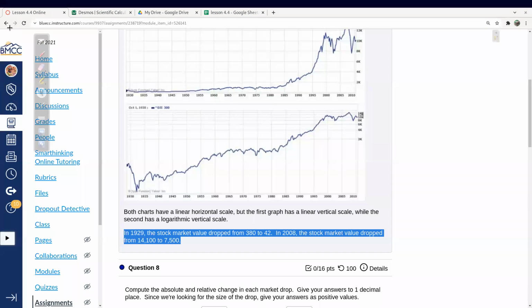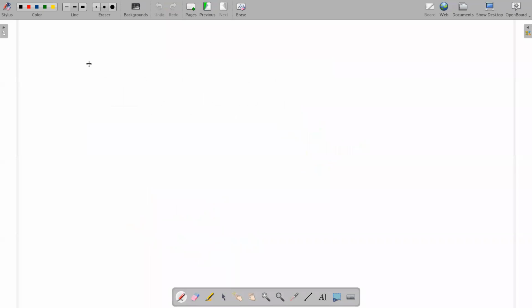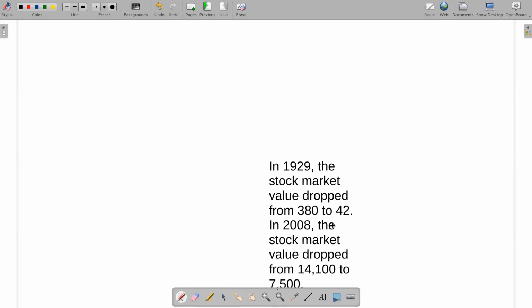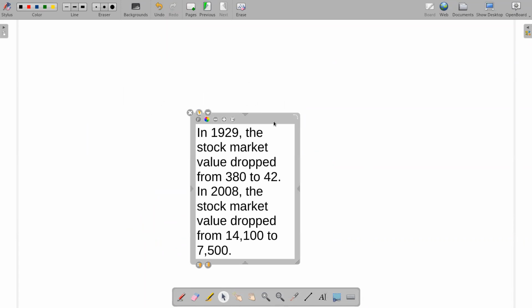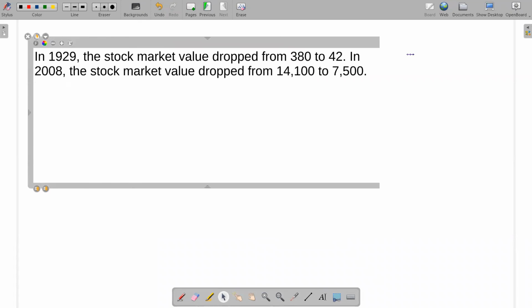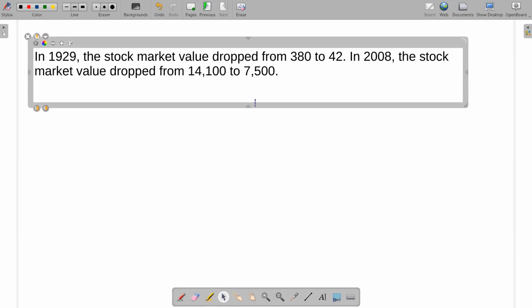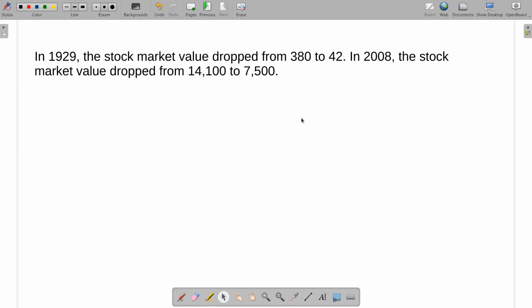We're going to look at absolute and relative change and then compare that to this logarithmic scale. We're going to take this information and compare 1928 to 2008, or 1929.